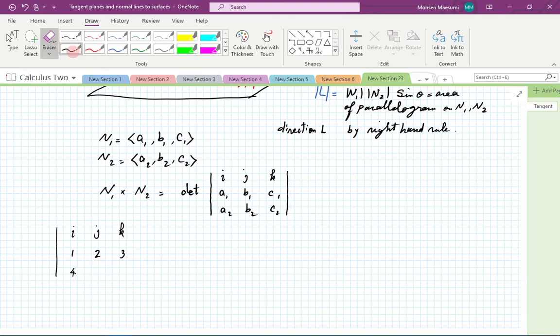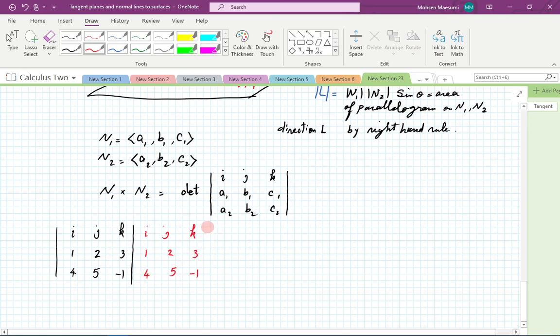So 4, 5, and well, say -1. How do you find the determinant of this? The way to find the determinant, one easy way, is to duplicate your matrix. So at least the first two columns of it, 4, 5, -1. So I duplicated my matrix.